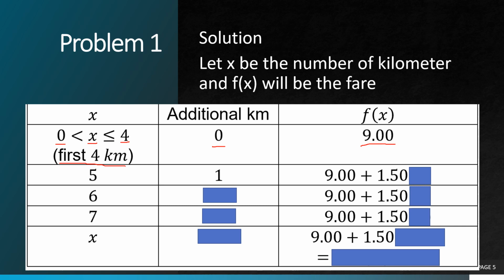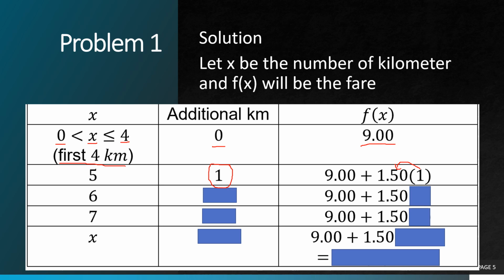So 1 is the number of additional kilometers if the number of kilometers is 5. We are going to multiply this one to 1 peso and 50, because based on the given, we are going to pay an additional 1 peso and 50 centavos for every kilometer in excess of 4 or a fraction of a kilometer in excess of 4.